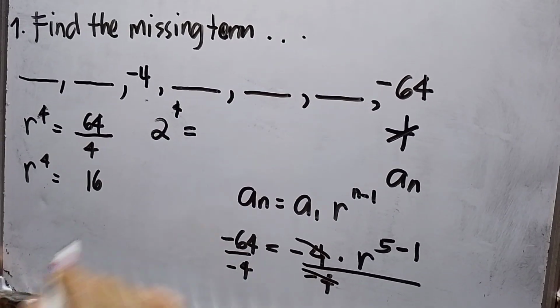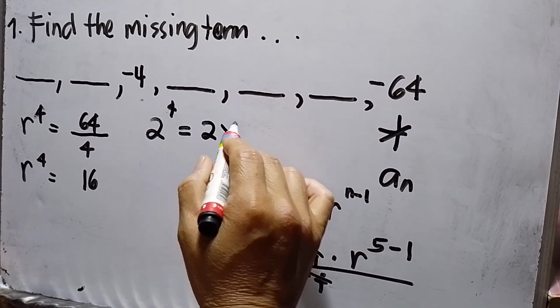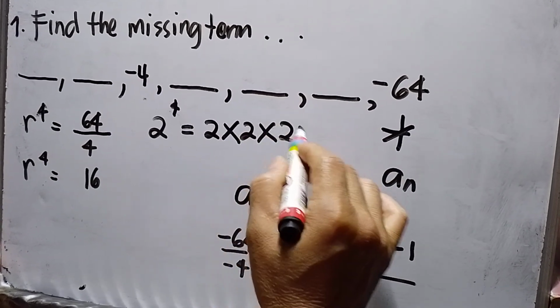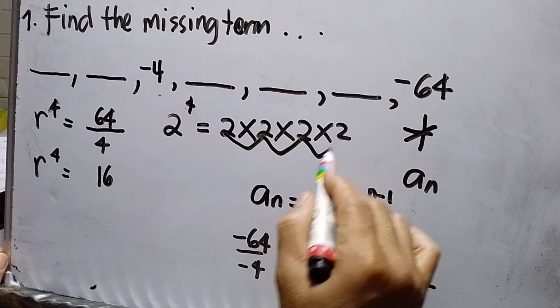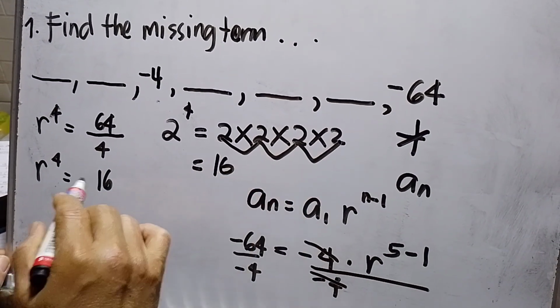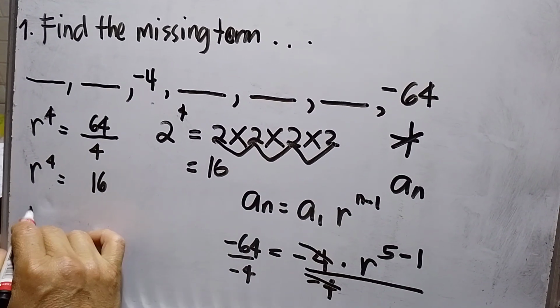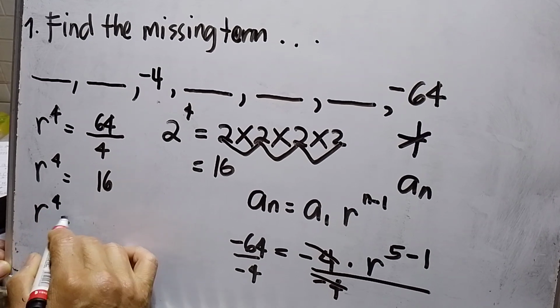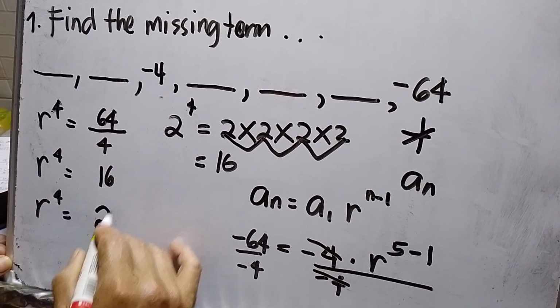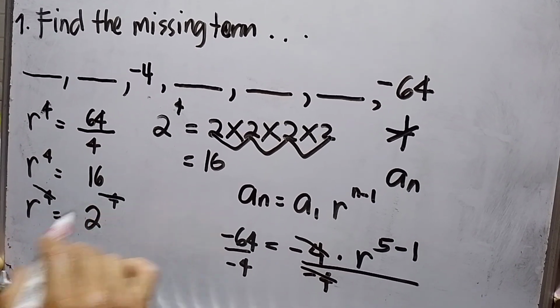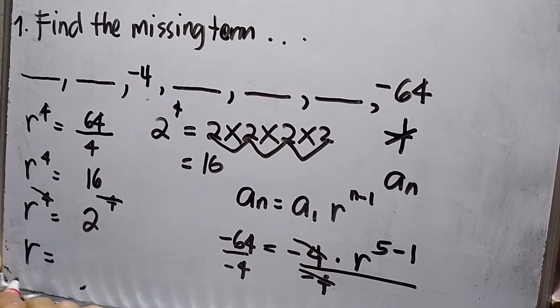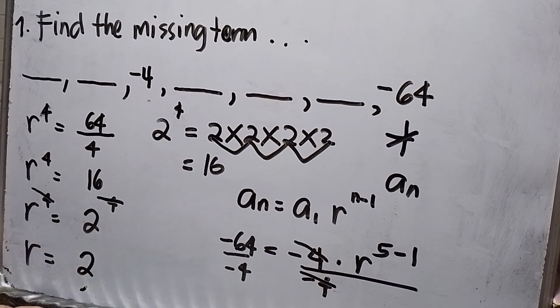So what is 2 to the power of 4? This will be 2 times 2 times 2 times 2. This is 4 times 2 is 8 times 2 is equal to 16. So this is correct. So r to the 4 is equal to the base 2 raised to 4. Since they have the same exponents, cross out. So my common ratio is equal to 2.